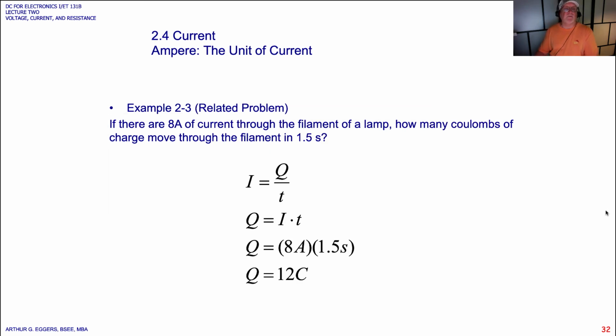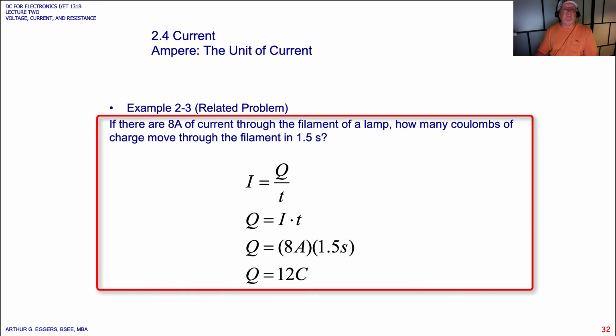And another problem: if there are 8 amps of current that flows through a filament in a lamp, how many coulombs of charge move through the filament in 1.5 seconds? So now we're going to take that basic formula, I equals Q over T, and we're going to rearrange the terms. This is something we do a lot in electronics and in your math for electronics.